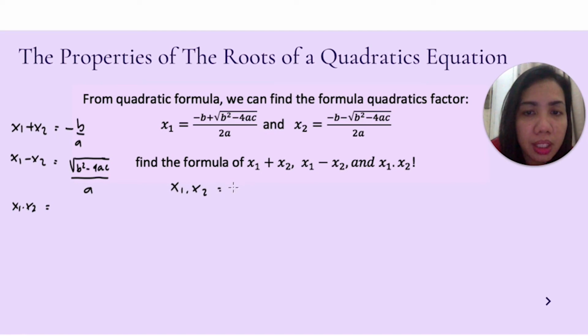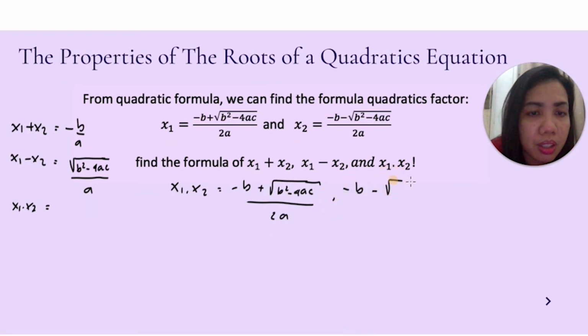For x1 it is minus b plus the square root of b squared minus 4ac, and then over 2a we multiply it with minus b minus the square root of b squared minus 4ac, over 2a. This is 4a squared in the denominator.